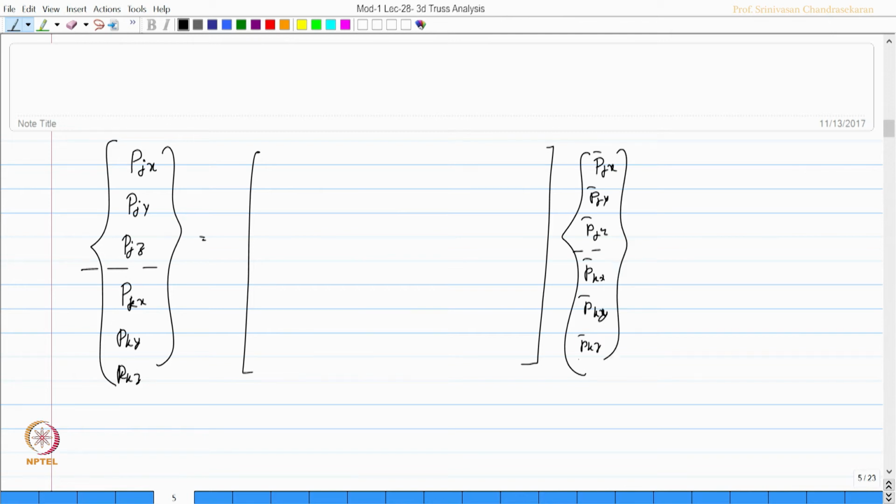Now this is again 6 by 1, this is 6 by 1, this has got to be 6 by 6, but interestingly I can now divide this into 4 quarters. So, this will be C 1 1, C 1 2, C 1 3, 2 1, 2 2, 2 3, 3 1, 3 2 and 3 3.